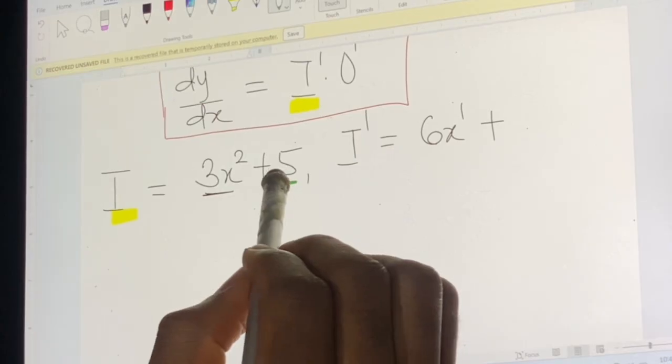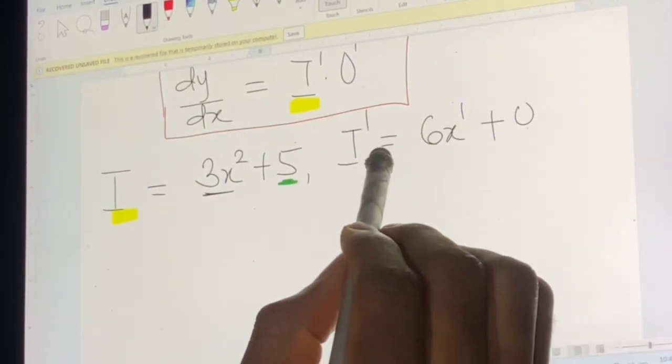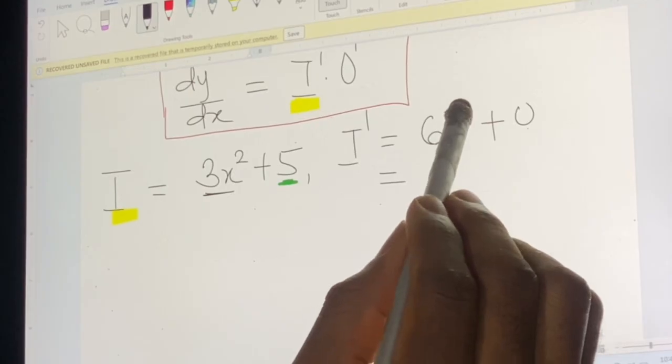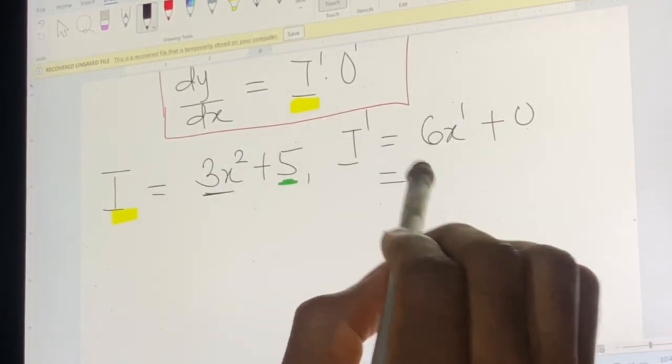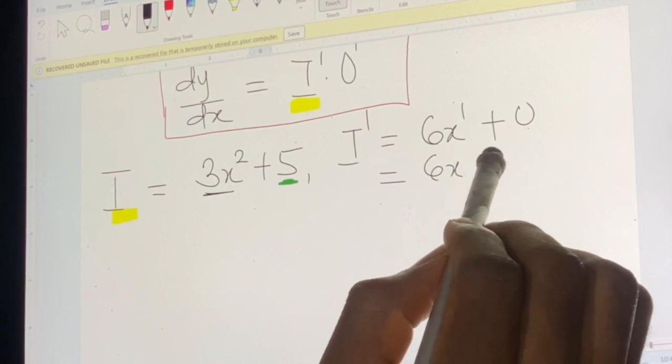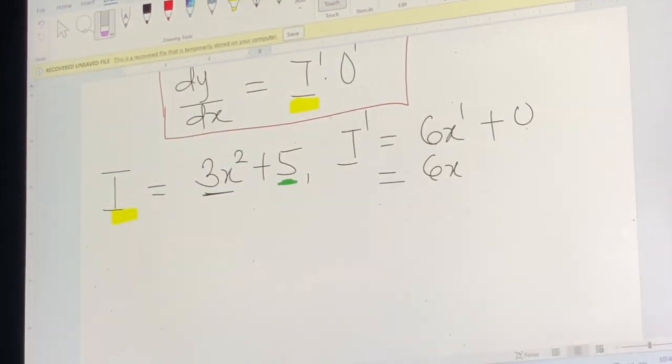So we don't need to differentiate this; the answer is 0. So this will be 6s to the power of 1, which is s, because anything raised to the power of 1 is the base. So I have differentiated the inner and the result is 6s.